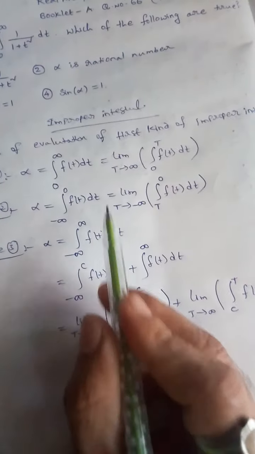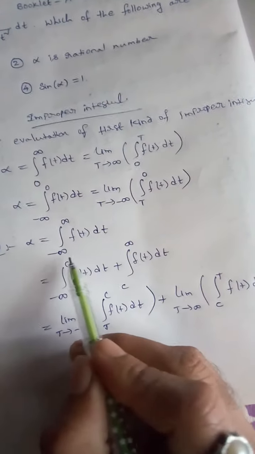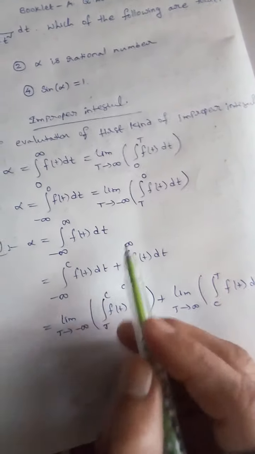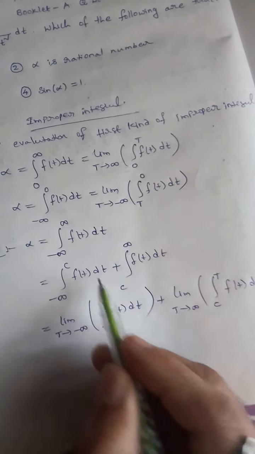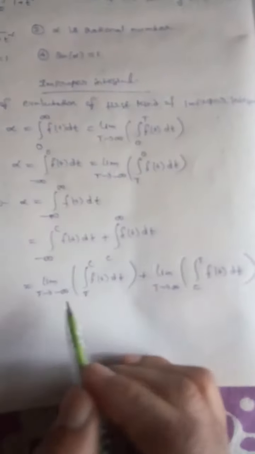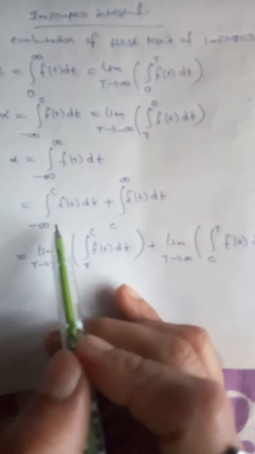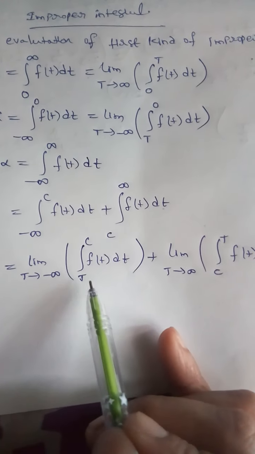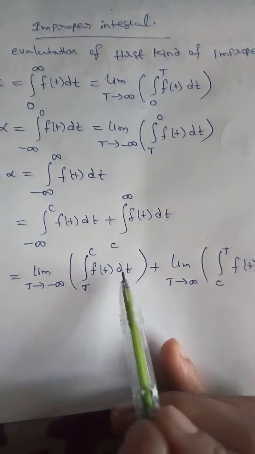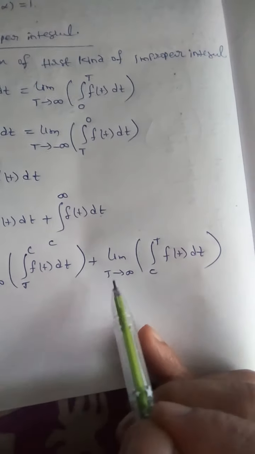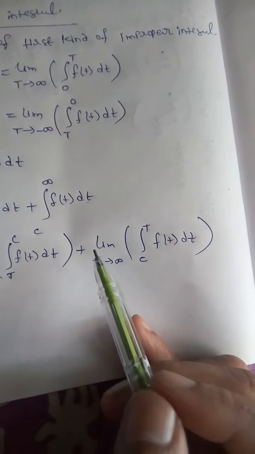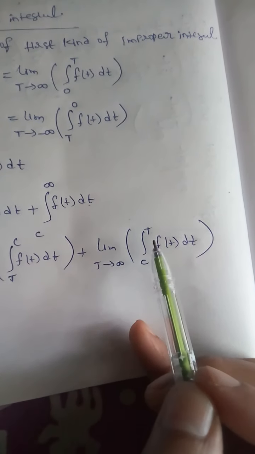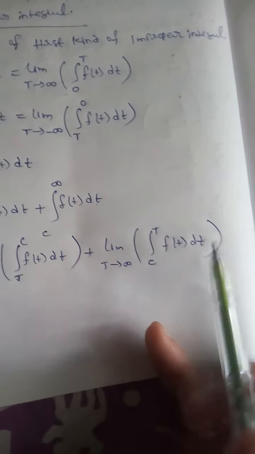Whenever alpha is equal to the integral from minus infinity to infinity of f of t dt, it can be written as the integral from minus infinity to c plus the integral from c to infinity, where c is a finite fixed number. By using case 2, minus infinity to c can be written as limit T tends to minus infinity of the integral from T to c of f of t dt, plus, by using case 1, c to infinity can be written as limit T tends to infinity of the integral from c to capital T of f of t dt.